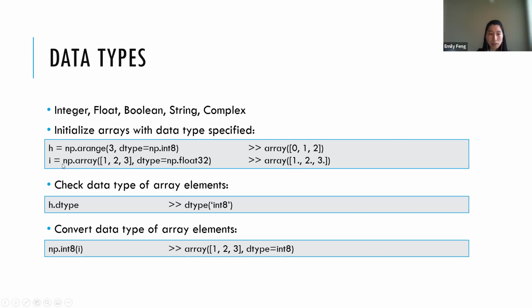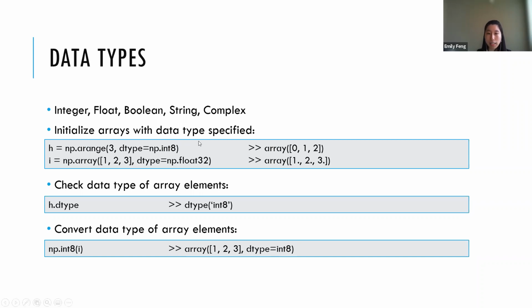Another example is I want my elements to be floating point values, but I initialize it by writing 1, 2, 3 as integers. Python will recognize it as integers by default, but I want them to be floating point values.